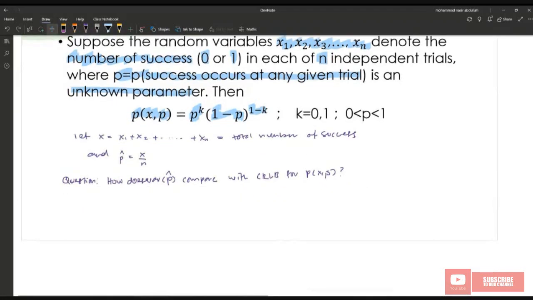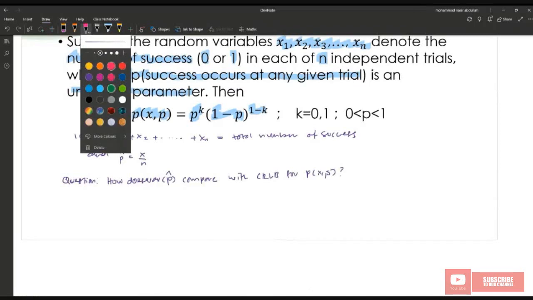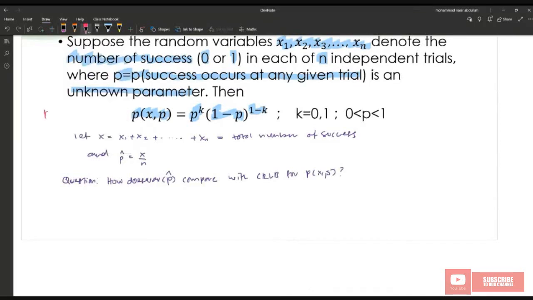So we have a Bernoulli distribution. From a Bernoulli distribution, we know that the expected value of X should be equal to p, and the variance of X should be equal to p multiplied with 1 minus p.